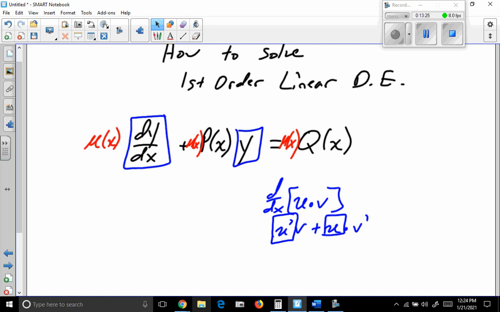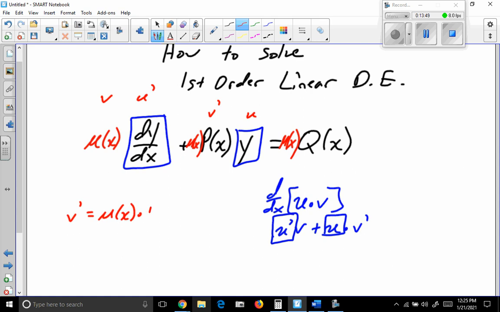So if we think of this as being u prime v, and this being u v prime, then v prime is mu of x times p of x.